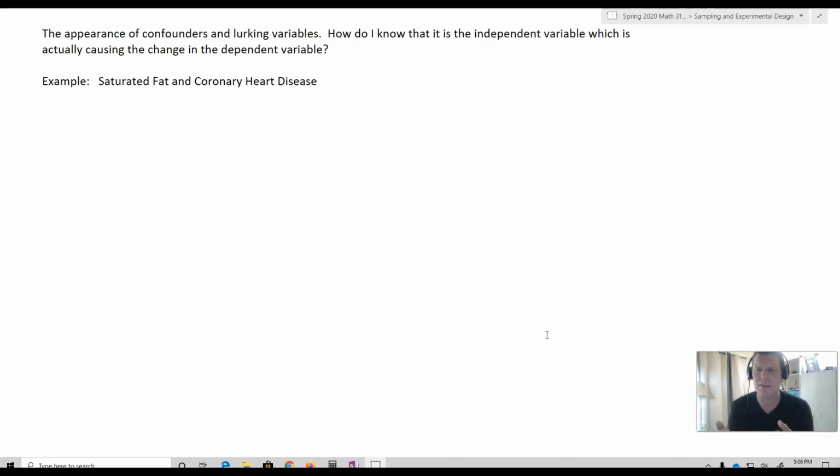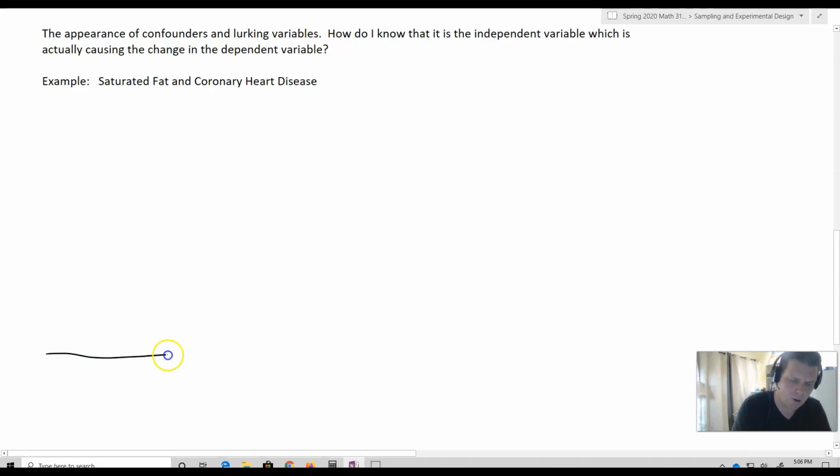Basically they were correlation studies, epidemiological studies. Somebody tracked the amount of saturated fat that Americans were eating and showed that it coincided with an increase in coronary heart disease.